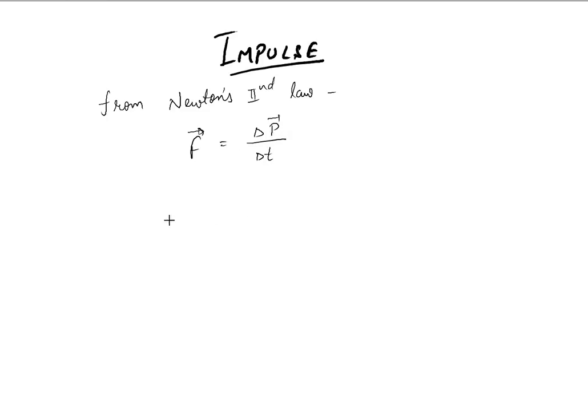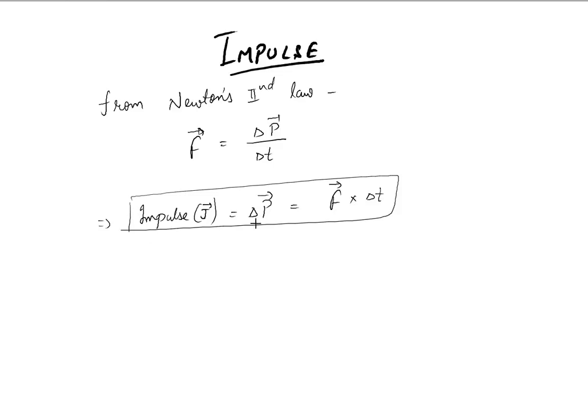From this expression we can write delta P is equal to F into delta T, and this expression is nothing but impulse, which is denoted by vector J or vector I. So impulse is nothing but change in momentum or force into time, and it is also a vector quantity.